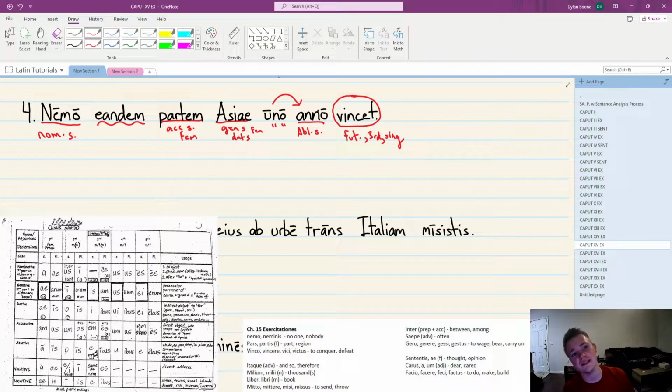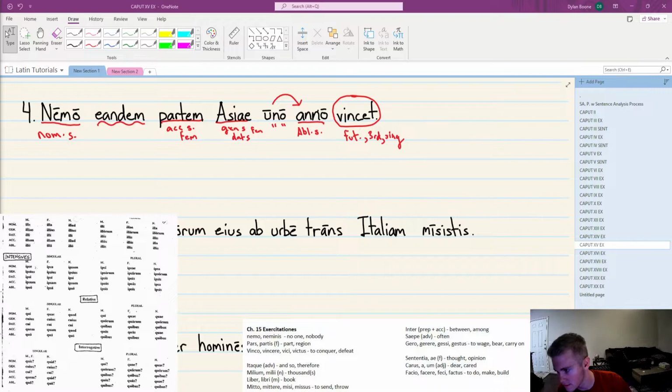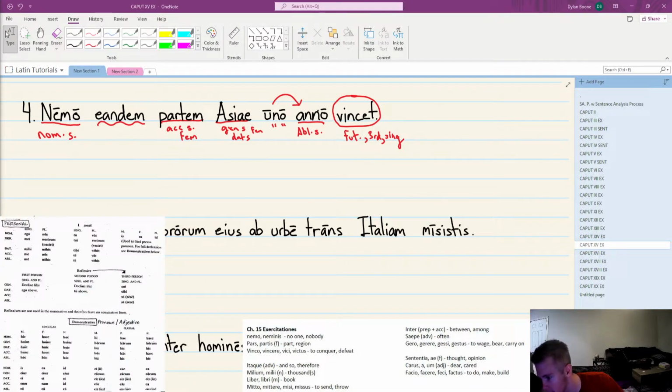So the last thing we have is eandem. So eandem, from the chapter that introduced that, we have eam. Okay, so if we go to this chart here, the little third person pronoun list in the very bottom right.